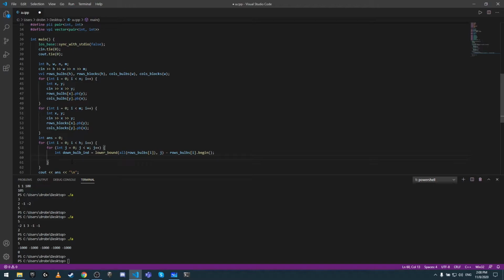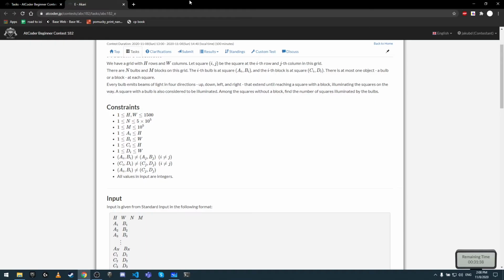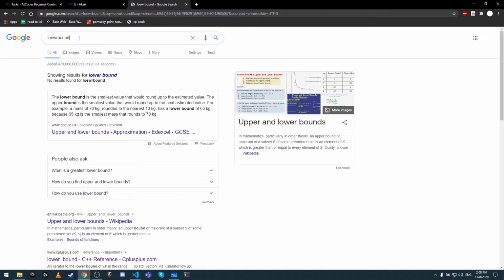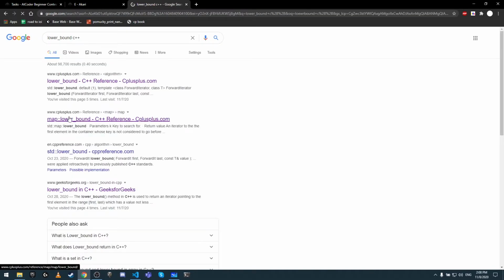So if rows, what if we search an empty list?